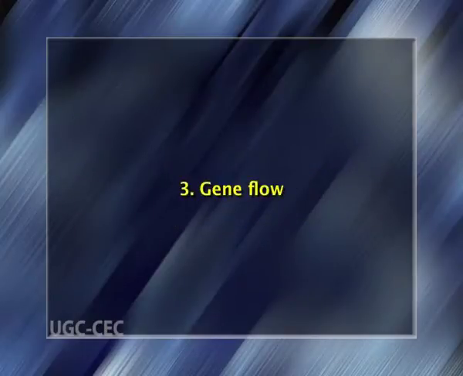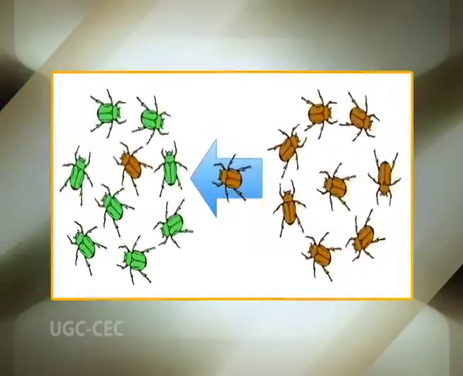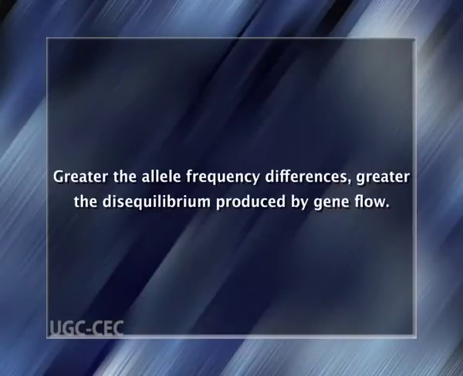Next is gene flow. Gene flow can produce significant levels of disequilibrium in a population. However, this will occur only when the frequencies of alleles at both loci differ between the populations. The greater the allele frequency differences, the greater the disequilibrium produced by gene flow.